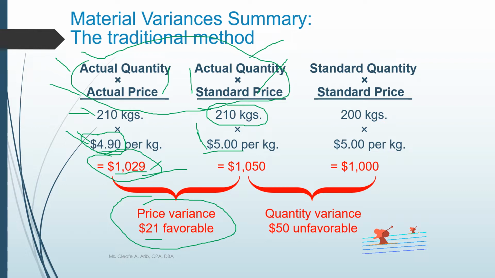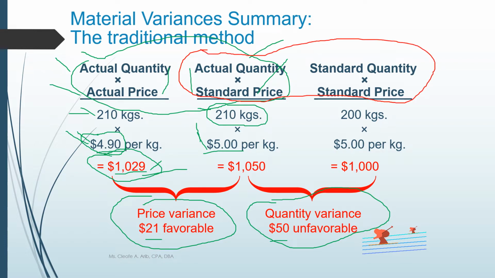Now, to continue, let's compute for your quantity variance. For your quantity variance, as we can see, it's unfavorable by how much? $50. How did we arrive with the unfavorable variance of $50? We get the difference between your actual quantity multiplied by your standard price less your standard quantity times your standard price.